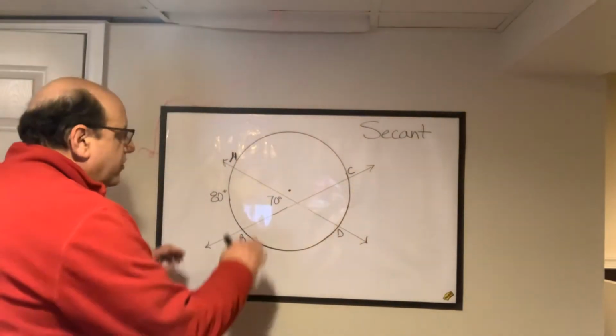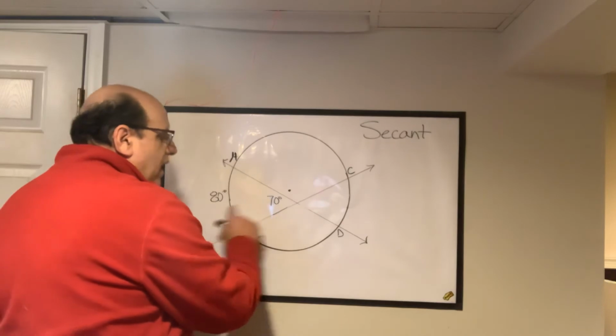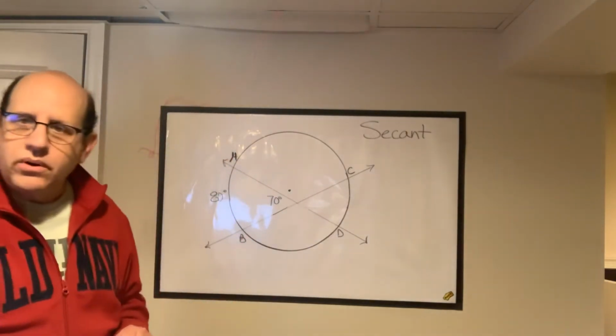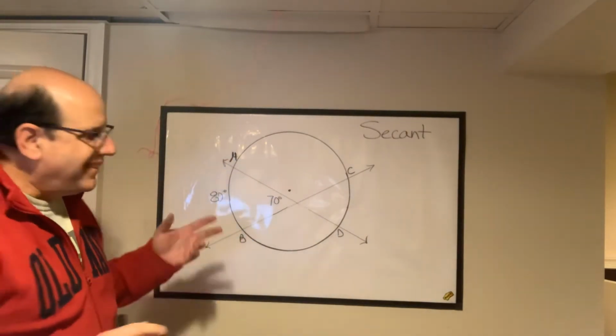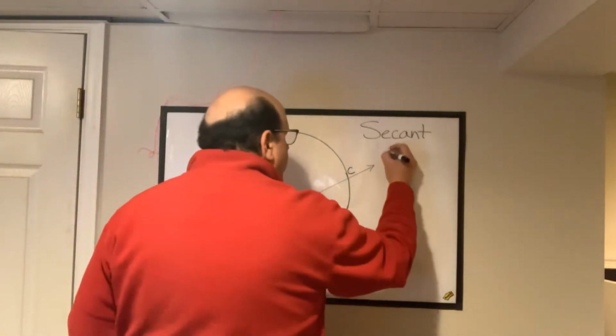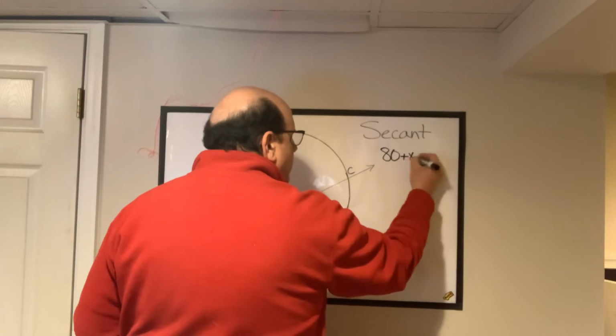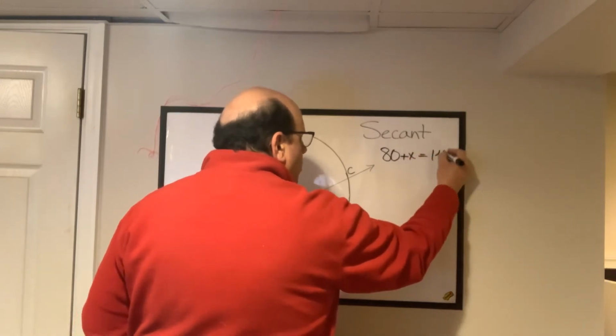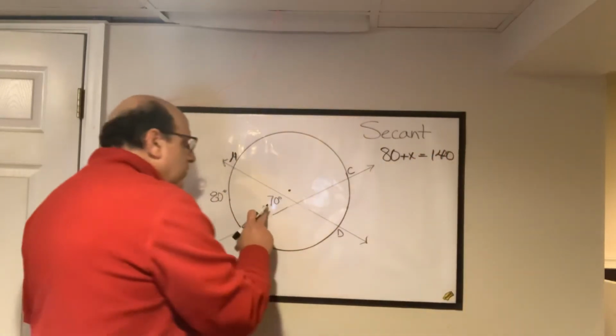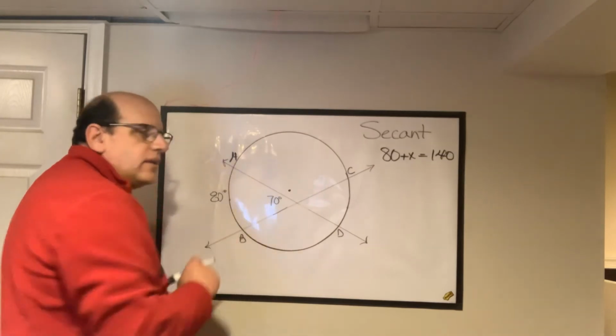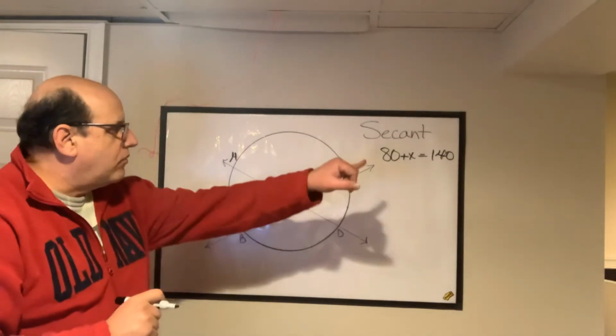You say to yourself, if 70 is half of the sum of those two arcs, then 80 plus x has to equal 140, because that's double that, right? This is half of 140.